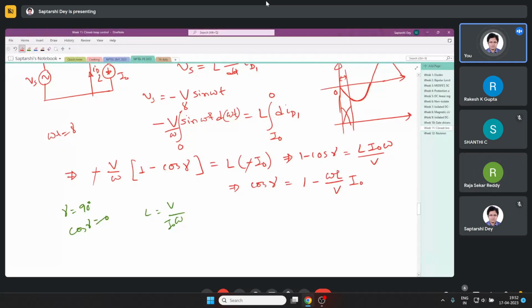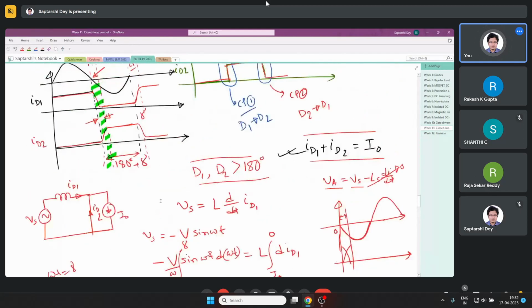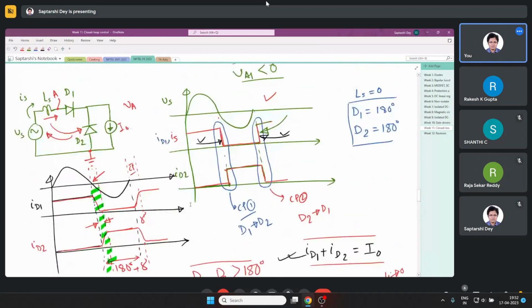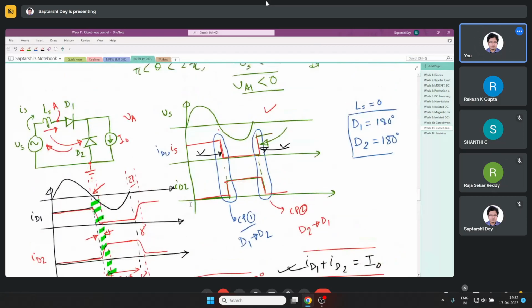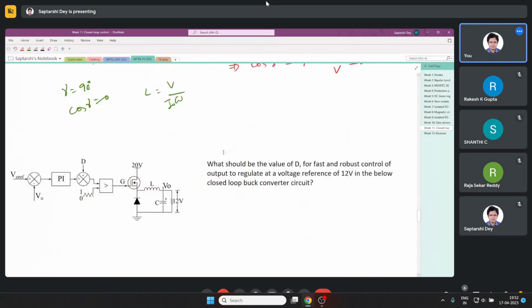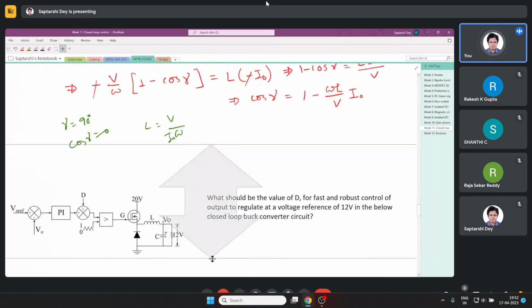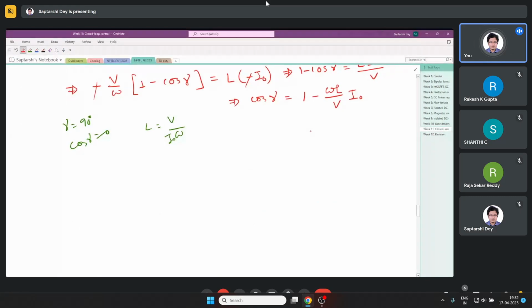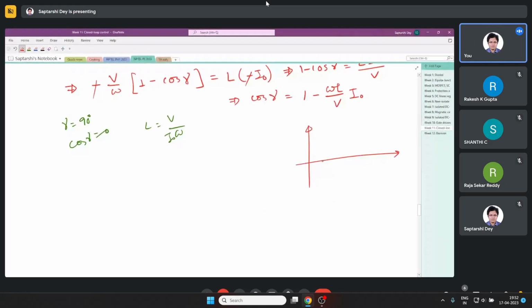Now one more interesting discussion we can have here. Let us see. In this case, when the inductor was not there, what was the load voltage? The load voltage was simply this, right?